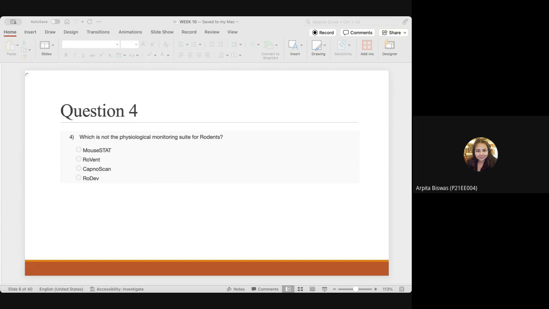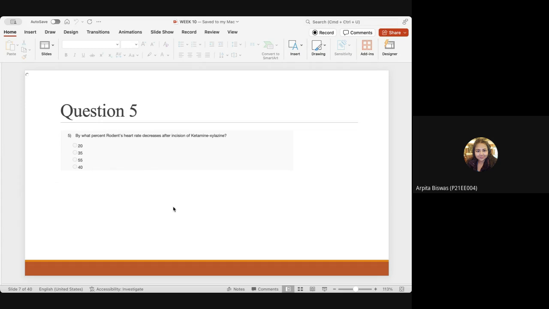So the right option is option D, RO-Dave. Okay. So next move toward question number 5. By what percent does a rodent's heart rate decrease after the injection of ketamine xylazine?